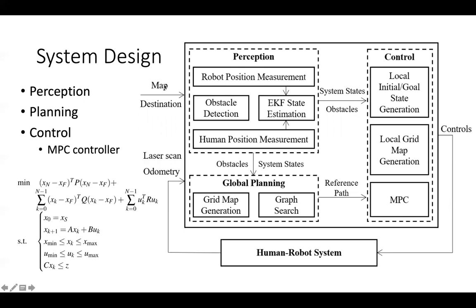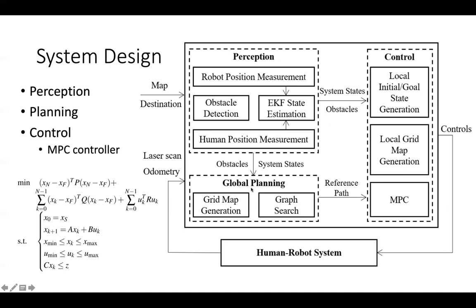For the map, we use Gmapping to pre-define the map. We also have obstacle detection using the LiDAR information, and we also use the LiDAR information to measure the human's position. After these, it goes to the Kalman filter. Then it can output the system states, which is 5 elements, and the surrounding obstacles.